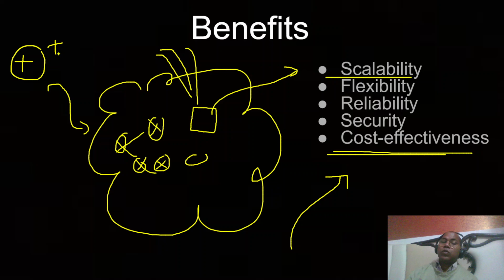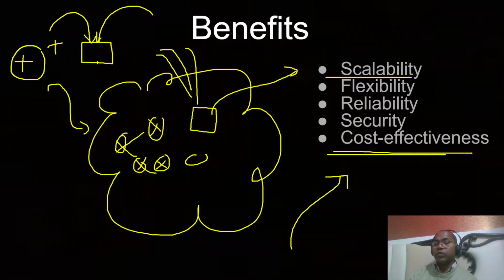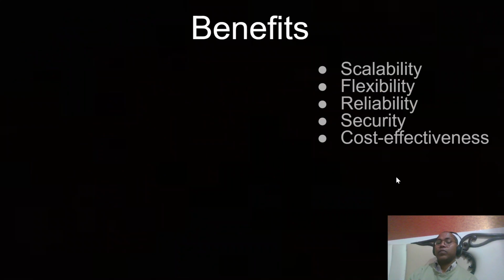So keep two things in mind: the cloud provider offers quick, faster delivery of your application, and second, cost effectiveness, because you are not procuring all this hardware and software permanently. Other benefits are flexibility, reliability, security, and cost effectiveness.